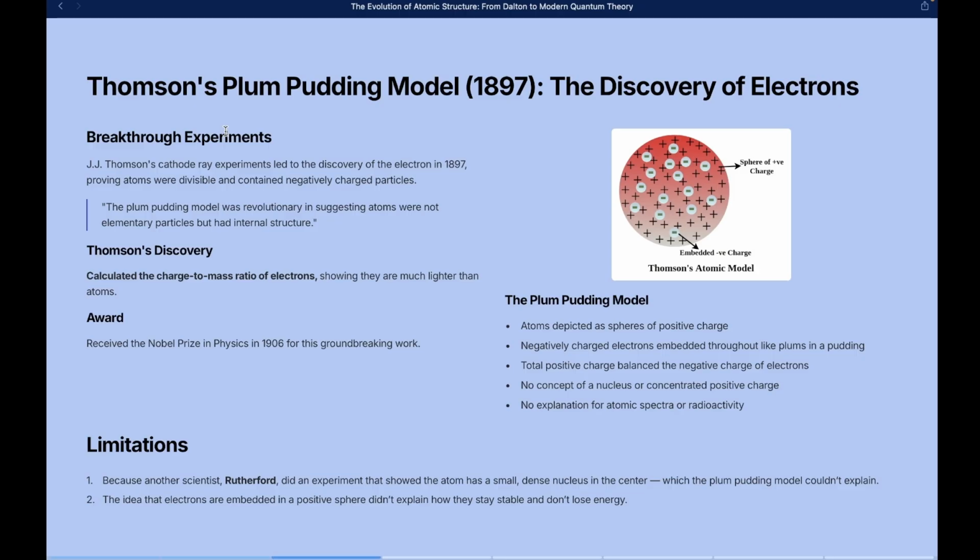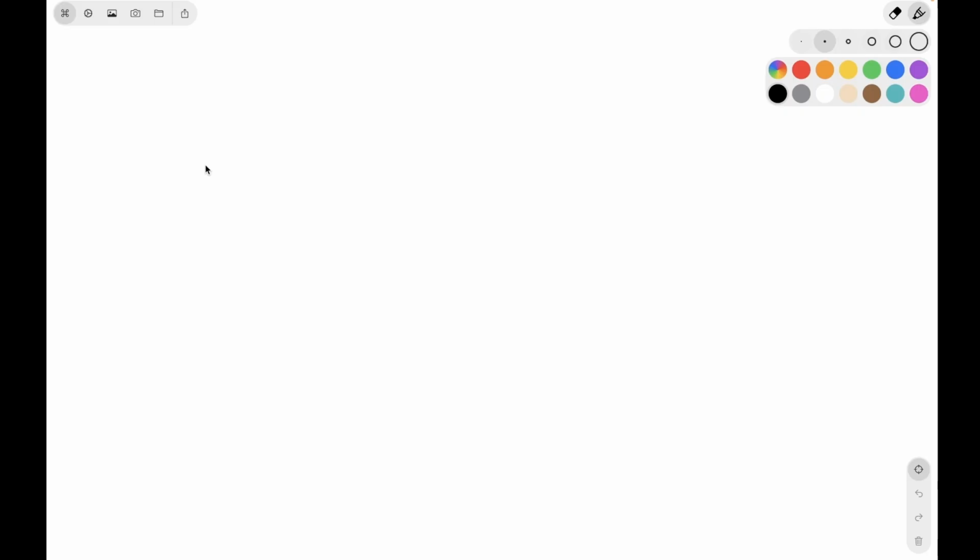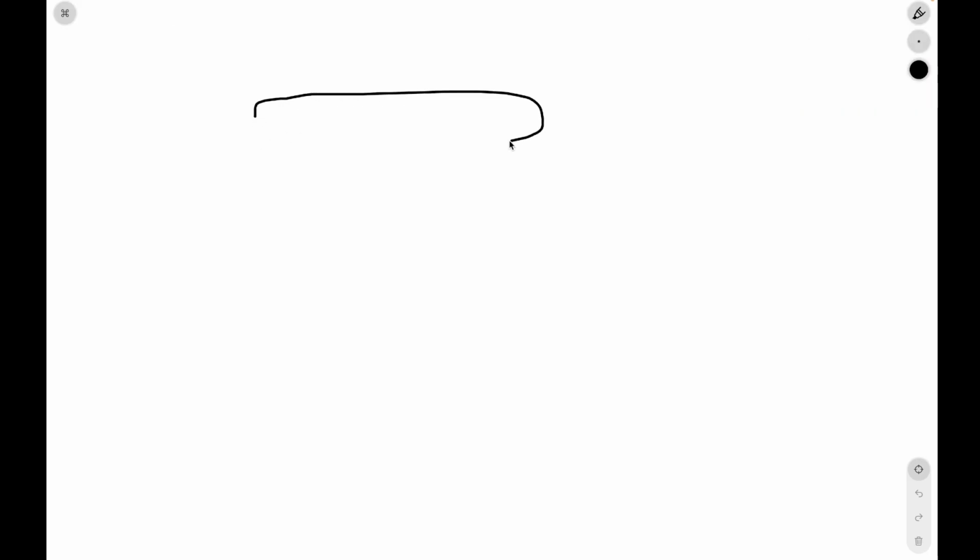J.J. Thomson discovered the electron. He used a special experiment with a cathode ray tube, which is a glass tube with air removed and metal plates inside. He connected two metal plates inside the tube.